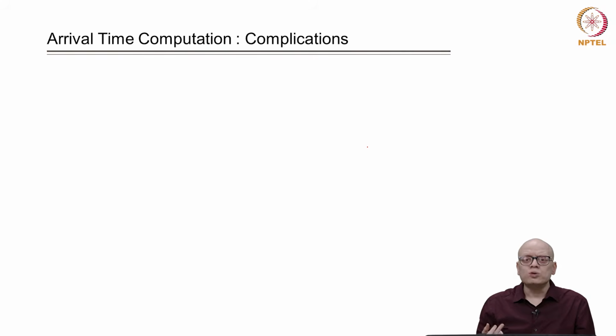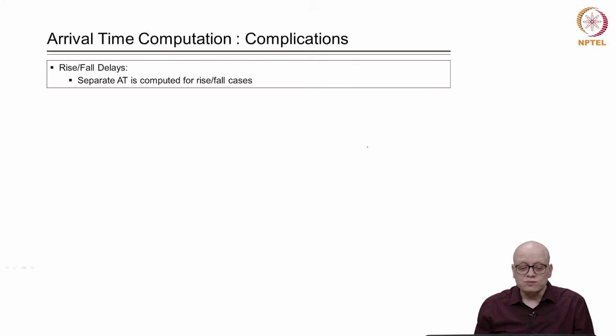Now, in this computation of arrival times, some complications can come. What are those complications? The first is that the rise delay and fall delay may be different. In a general case, the rise delay and fall delay can be different and therefore, we need to compute separately the arrival time for the rise case and also for the fall case.